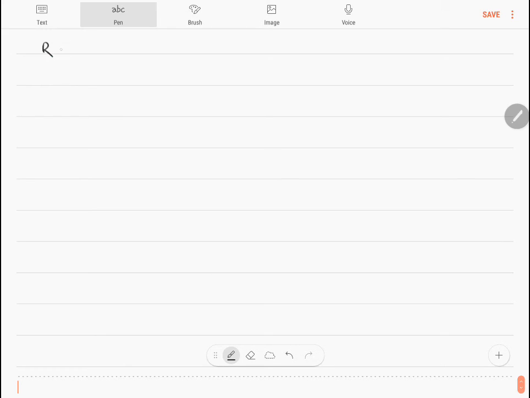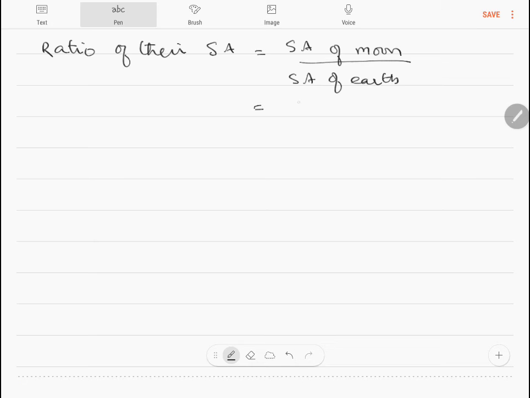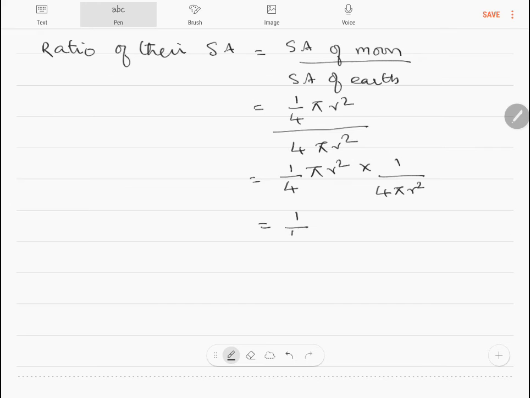So now calculating the ratio of their surface areas will be equal to the surface area of the moon by the surface area of the earth, which is equal to 1 by 4 pi r square by 4 pi r square, which is nothing but 1 by 4 pi r square into 1 by 4 pi r square, which is equal to 1 by 16.